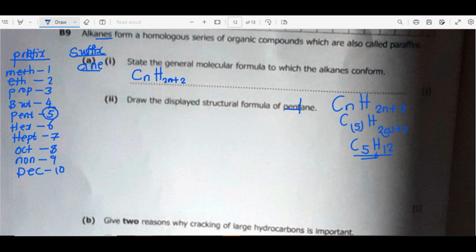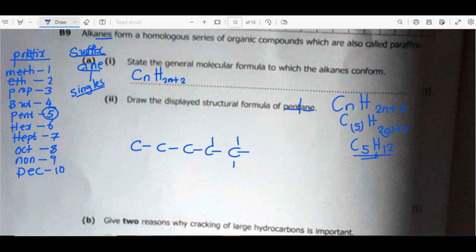Now, since we are told to write the displayed structural formula, we first begin by writing the 5 carbons that we have. Remember, the suffix is ANE. So what does the ANE indicate? ANE indicates that we need to have single bonds between all carbons, not double bonds. So here we put the single bond, here, here, here.